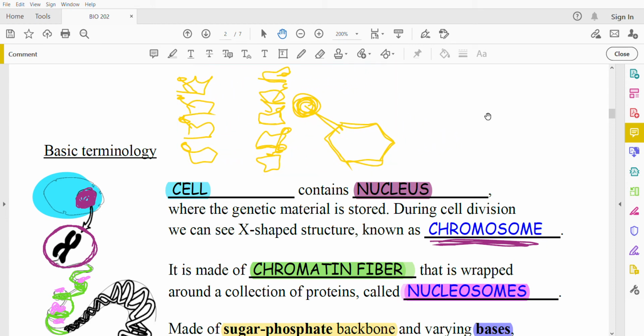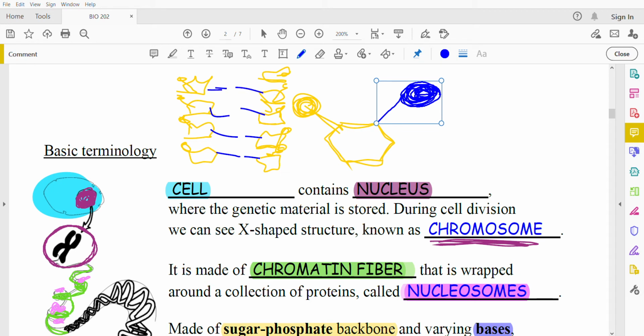In addition to that, we have something else within the single nucleotide. We have a varying combination of bases. These bases vary depending on what we are coding. And it is actually these bases that connect these two strands of sugar-phosphate backbone.